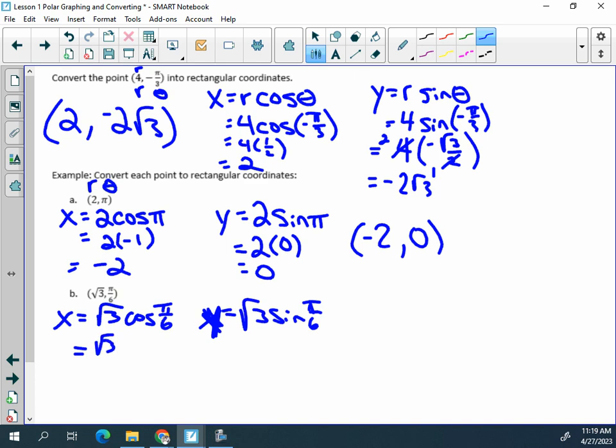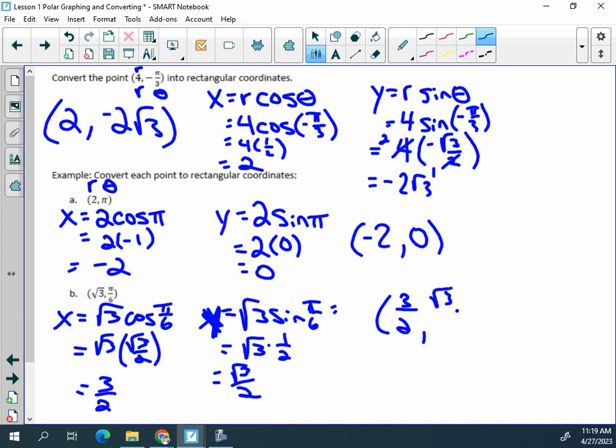So we're multiplying square root of 3 times square root of 3 over 2. Square root of 3 times square root of 3 is just 3, so that becomes 3/2. Sine of pi over 6 is 1/2. So square root of 3 times 1/2 is going to be the square root of 3 over 2. So our coordinates there are 3/2, square root of 3 over 2.